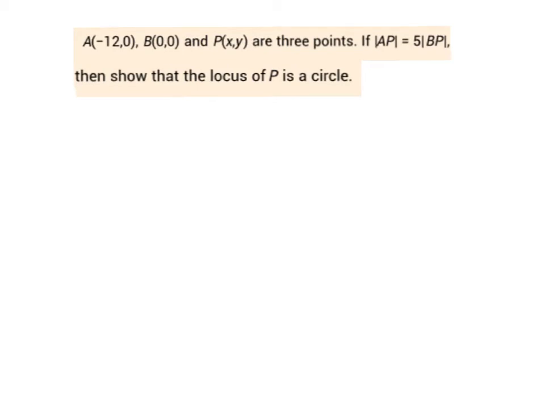Okay, so we want to show that if AP equals 5 times the length of BP, that the locus of P is a circle. So we begin by working with the information that we have, which is this bit here.